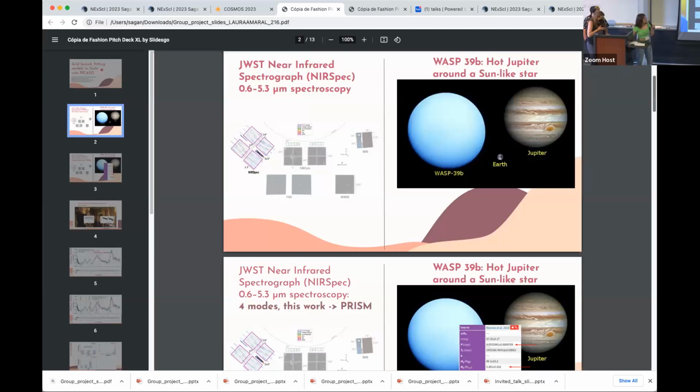So the work here is the same one that was just presented: WASP-39b. This planet is a hot Jupiter around a sun-like star. Here's the comparison between Earth and Jupiter.